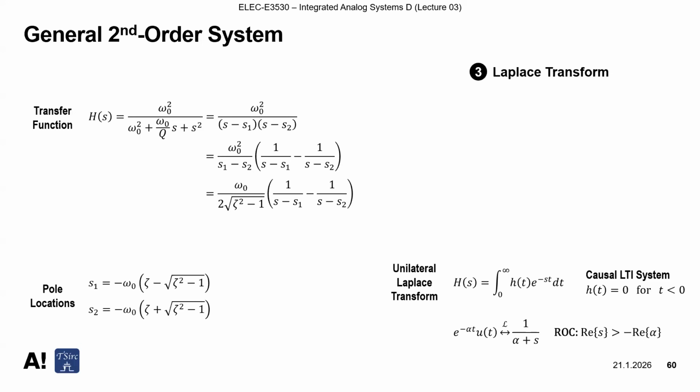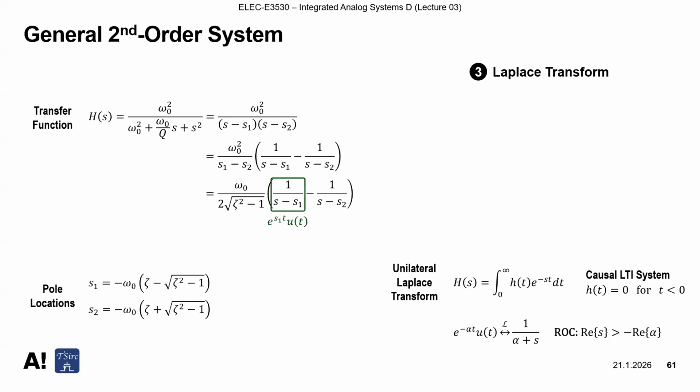For the Laplace transform of 1 over (s plus alpha), the inverse Laplace transform becomes e to the power of minus alpha t times u(t). Here u(t) is a step function, and the region of convergence, ROC, is that the real part of s should be larger than the negative of the real part of alpha.